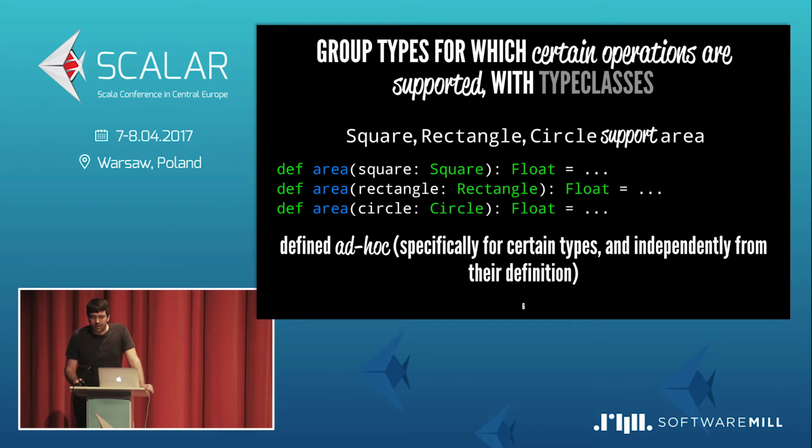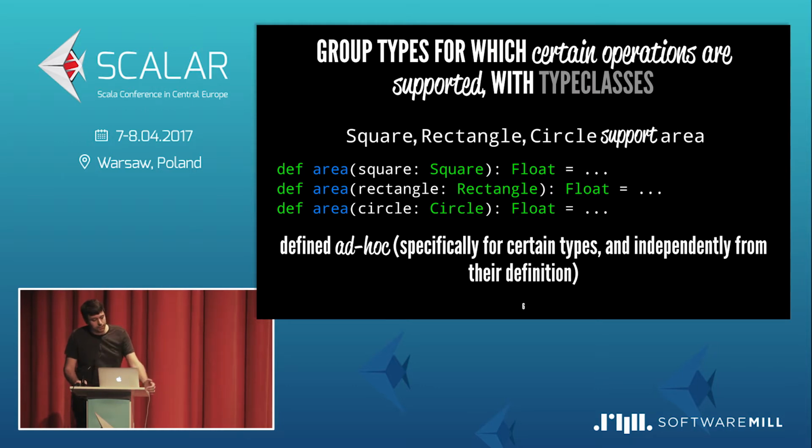But maybe there's another way. We can group types for which certain operations are supported without having to define those operations in a trait that gets extended. And so we can retain the ability of defining those operations separately from the types themselves.